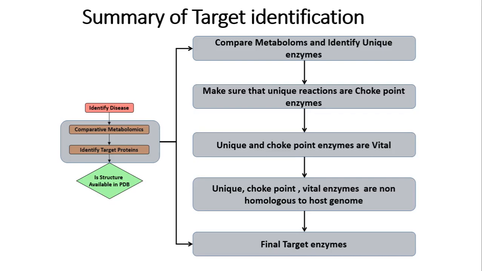Okay, so there is another software or online tool called MetExplore. This is used for identifying the choke point reactions. Okay, so it performs this choke point analysis. Then vitality is confirmed by comparing, or you can say a BLAST based search, in a database called the Database of Essential Genes, what we call DEG.